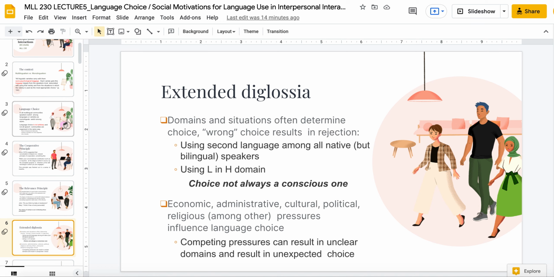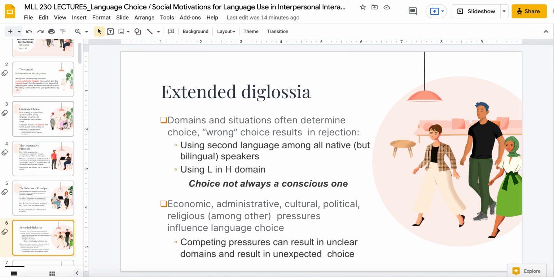And so this choice is not always a conscious one. We know, for example, that children sometimes say the darndest things, they say the truth, because they're not socialized into figuring out what is the right or wrong choice in these instances.